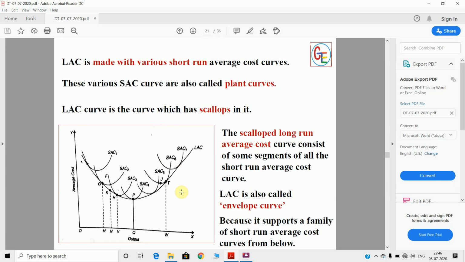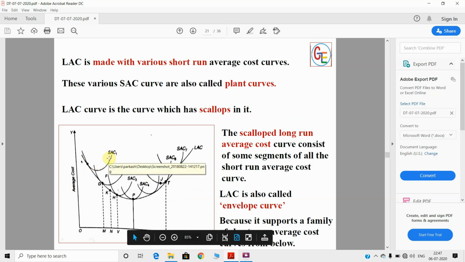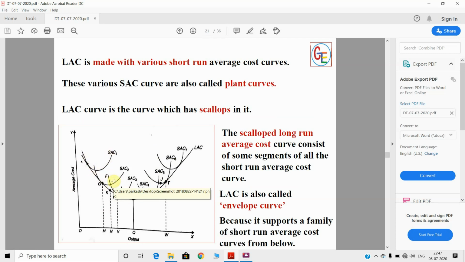Then LAC is made up of the various short run cost curves, so it is otherwise known as the envelope curve, because here if you see the diagram, the downward part of SAC is tangent to the downward part of LAC. In case of SAC2, the point F is a tangency point, between the downward part of LAC and the downward part of SAC2.